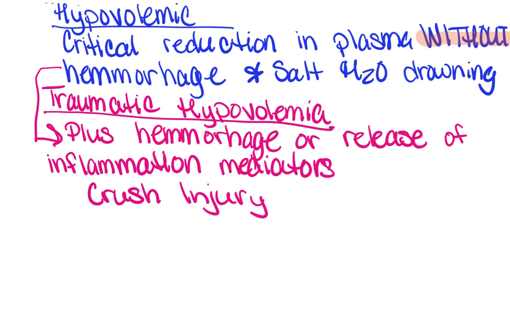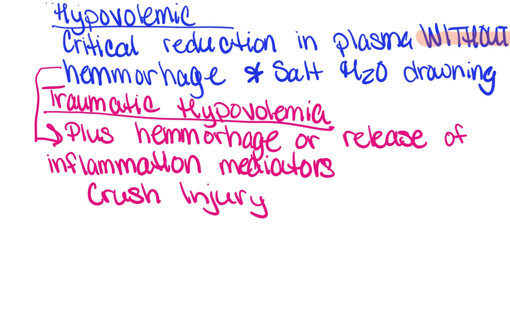We have obstruction of blood flow to that area. So the vasculature is now dilating, so we're losing plasma. And then we have inflammation mediators being released because of this injury. Or if the vasculature is hemorrhaging internally as a result, we would have a traumatic hypovolemia.